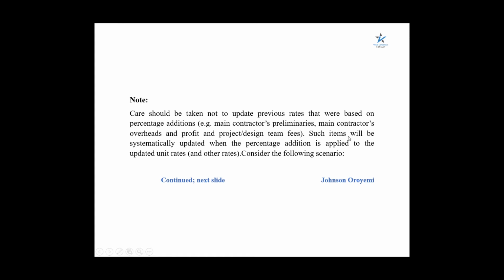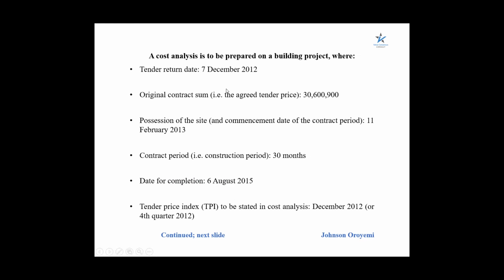It is written that such items will be systematically updated when a percentage addition is applied to the updated unit rate. Now, we are given a particular scenario here. A cost analysis is to be prepared on a building project where the tender return date is 7th December 2012 and the original contract sum, that is the agreed tender price, is 13,600,900.